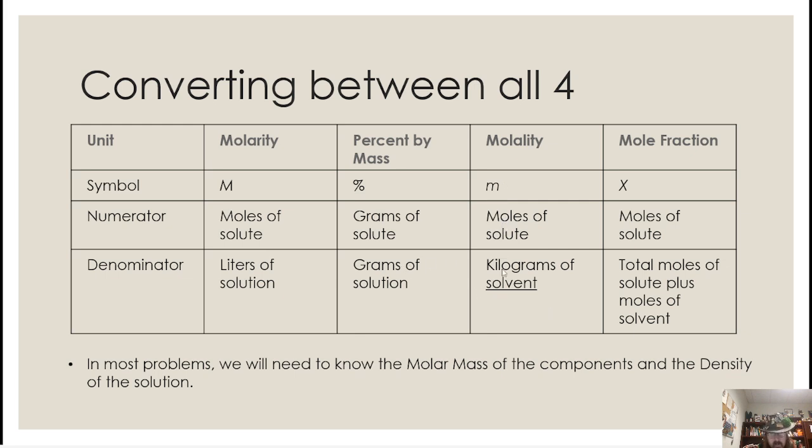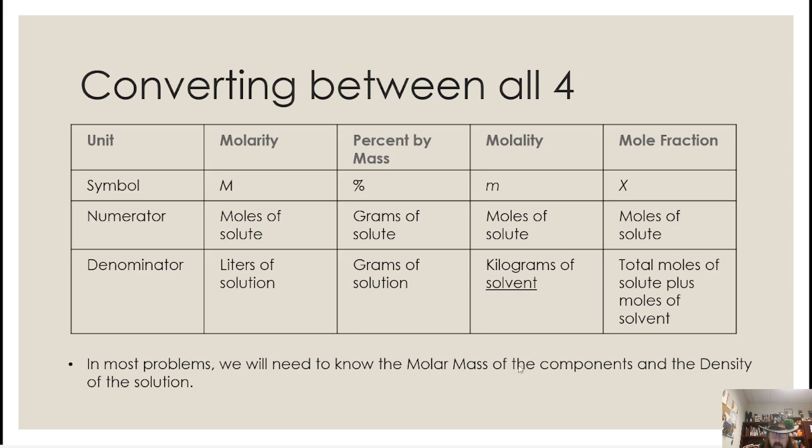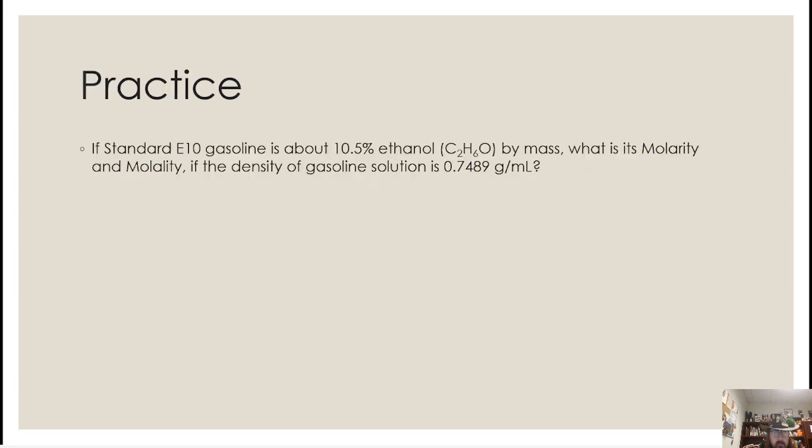You can just subtract out the solute from the solution. And mole fraction is moles of solute over total moles of solute plus moles of solvent, so the total moles of solution. So in most problems, we will need the molar mass. And in most problems, we will also probably need the density. But those will typically be given, so it's not something you would need to find out.